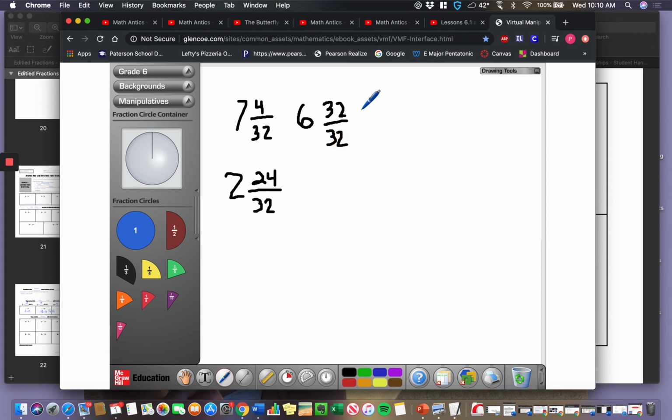That I can include into this fraction, so that I'm going to get a brand new fraction. So when I'm done, I'm going to end up with 6 and 36 over 32 that I can take away from 2 and 24 32nds.